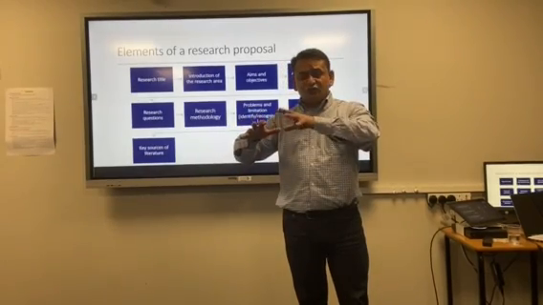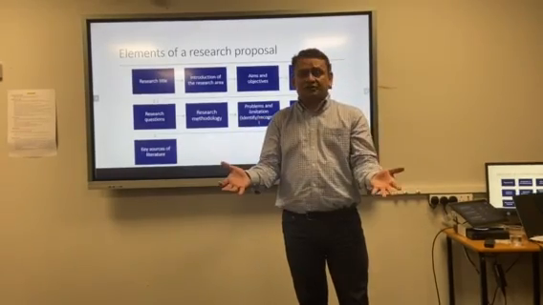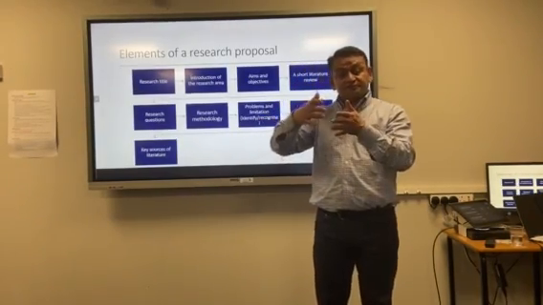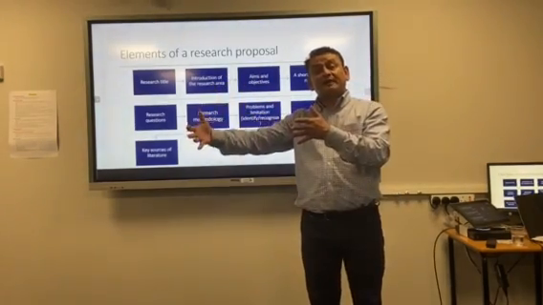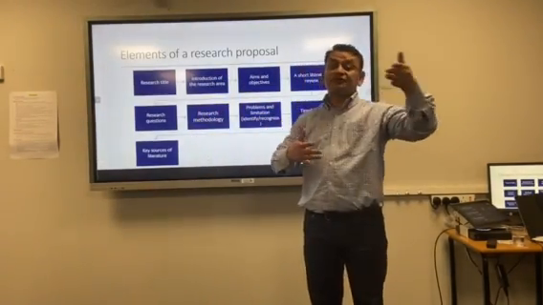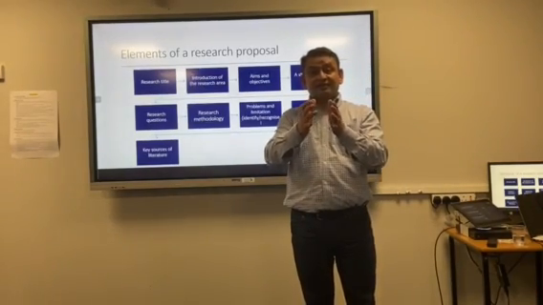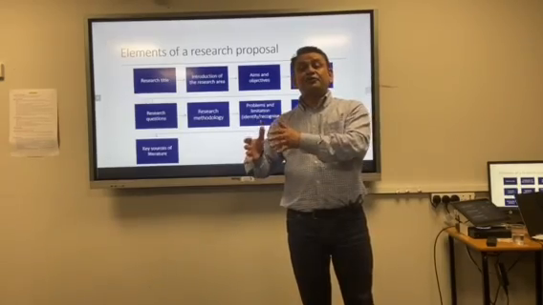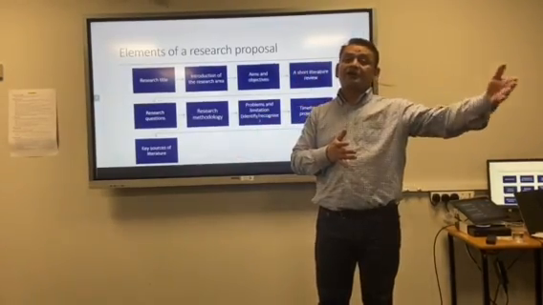Because if you are just doing what someone has already done, what's the point? This is no research. Either, as I told you earlier, you can replicate it, expand the sample, or take it to a different industry. For example, you find a study someone has done on the construction industry, and you may take it to logistics, supply, or any other industry.